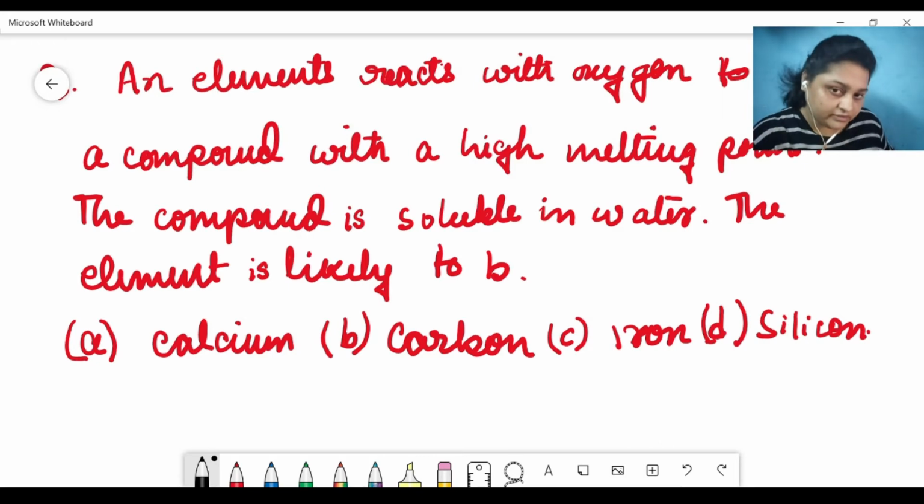Calcium oxide is soluble in water, but its melting point is not as high as that of iron oxide, whereas iron oxide has both a higher melting point and is also soluble in water. So evidently the element in the question is iron.